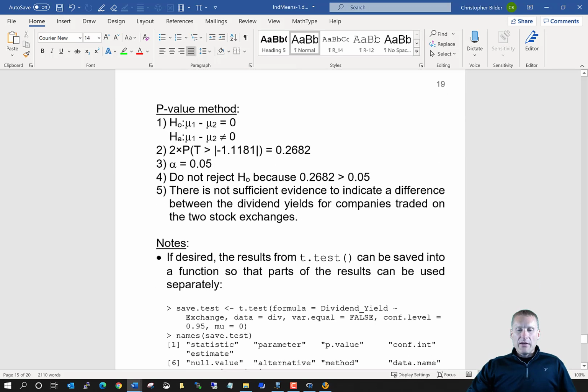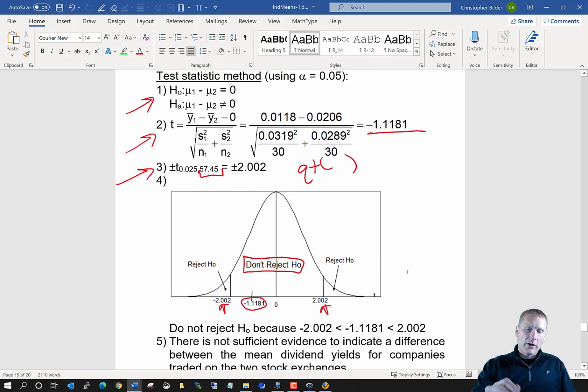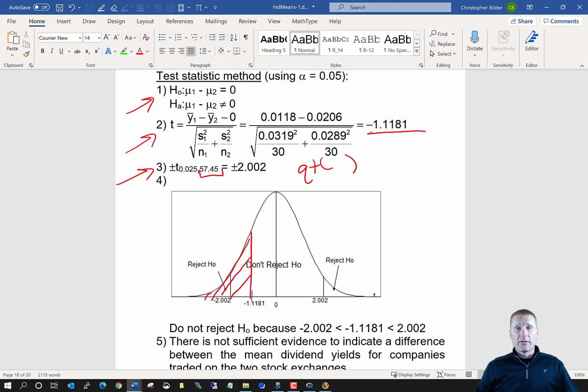In terms of the p-value method, look how we're going to actually calculate that. Again, a p-value measures how extreme is a test statistic relative to the t-distribution. So if we look at this area underneath the curve, that gives us our measure of extremeness.